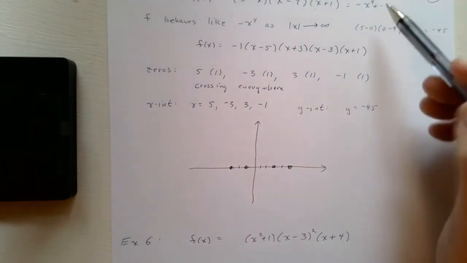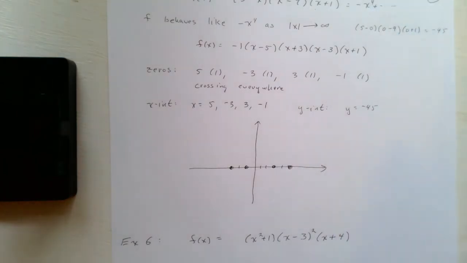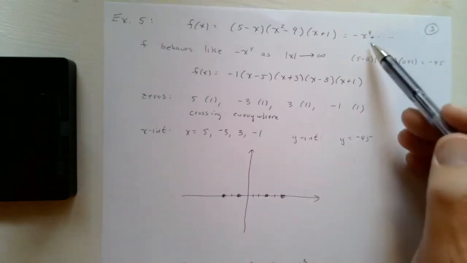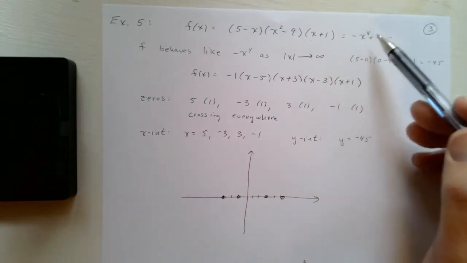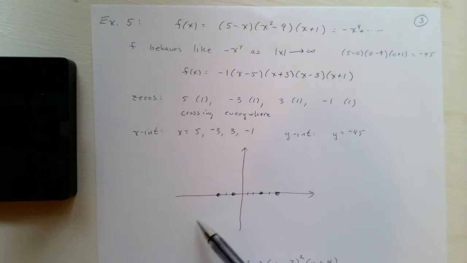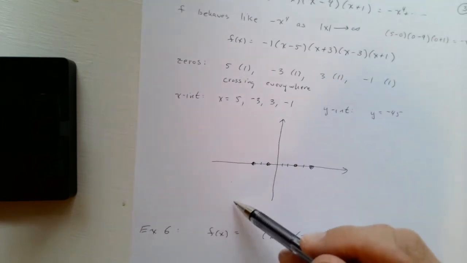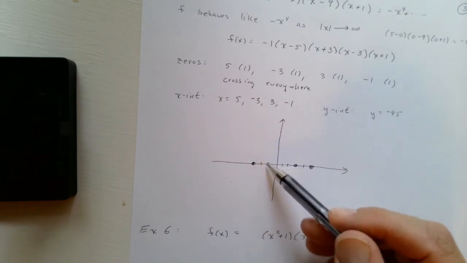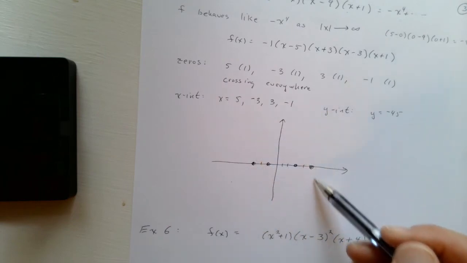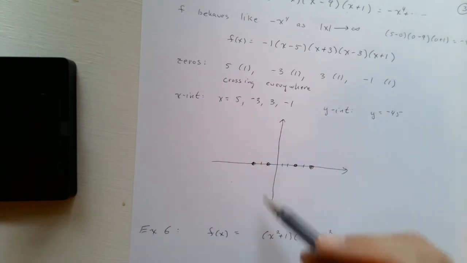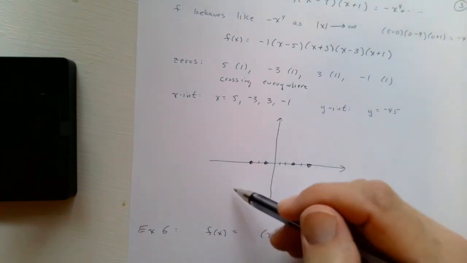Okay. Our leading term is negative x to the fourth. So that means as x gets large, this is going to be negative. So we're shooting down on both ends. So we're starting down here, cross, cross, cross, cross. So we have to turn around a total of 3 times.